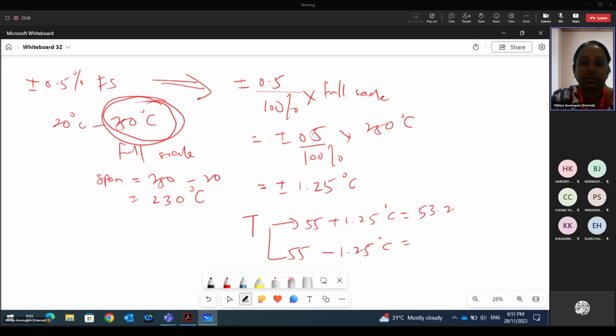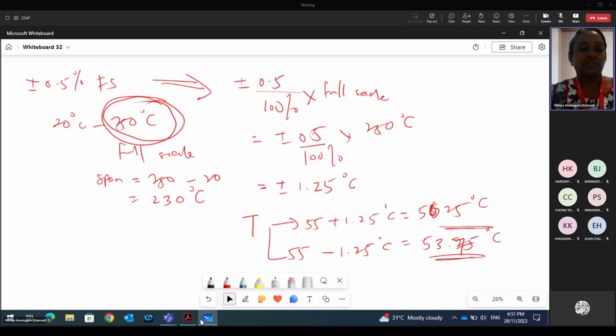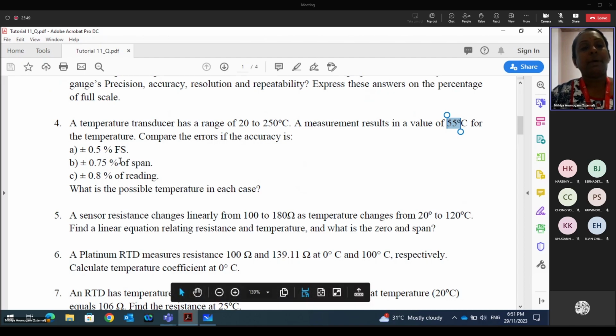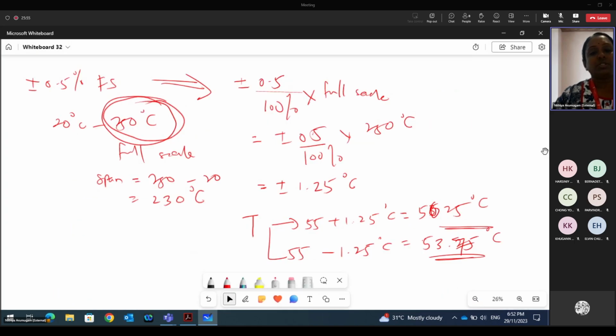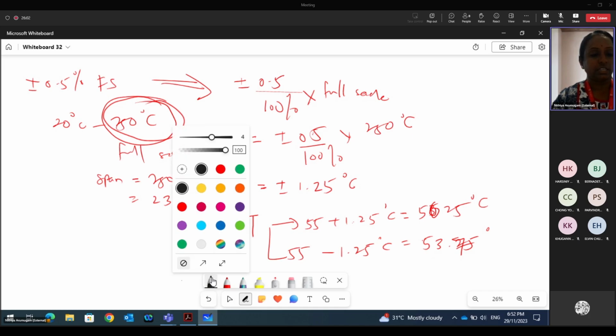This will be 56.25 degrees Celsius, and this will be 53.75 degrees Celsius. So we have two different temperature values. This is part A. Part B is about 0.75% of span. So talking about 0.75% of span, we need to calculate the error.